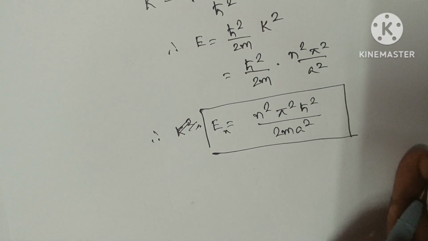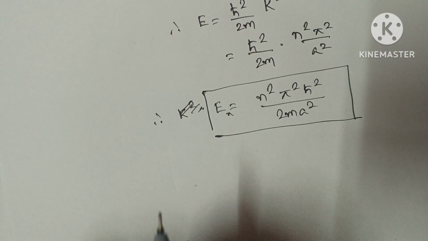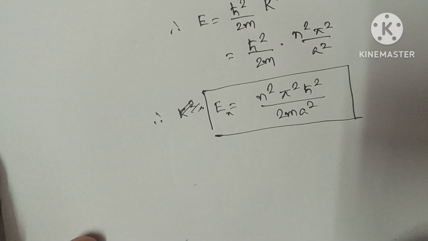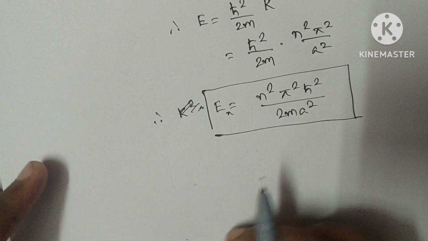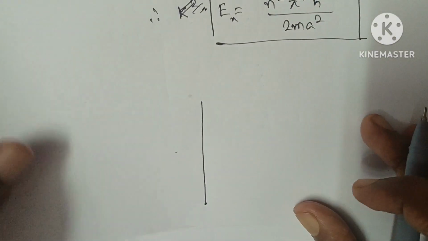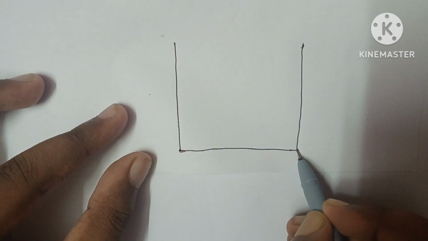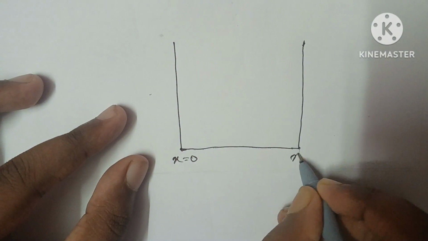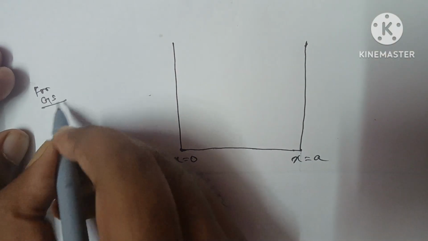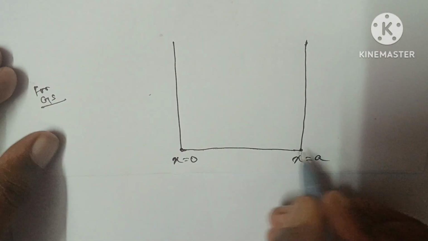Now we got the energy, we got the function. Now let's draw the different states. First it would be the ground state. It was x equal to 0, it is x equal to a. For the ground state, here it will be a node, here it will be a node, since here psi equals 0.